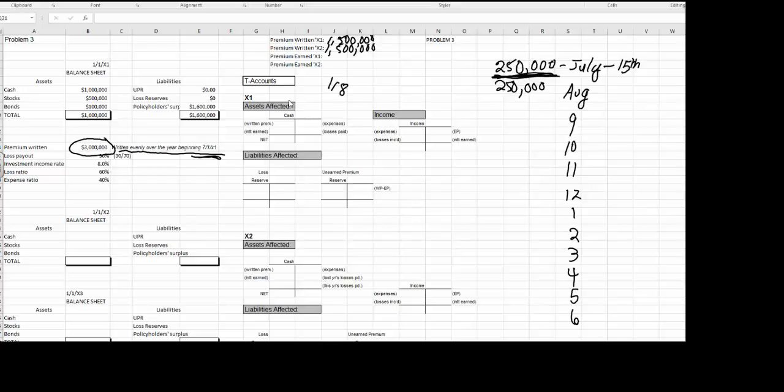That is mathematical, and I'm not going to take the time to show you here. But 1/8 times 3 million will give us our premium earned in X1. 1/8 of 3 million is 375,000. So we'll put that here. And because this is symmetrical, in the third year, 1/8 earns as well.